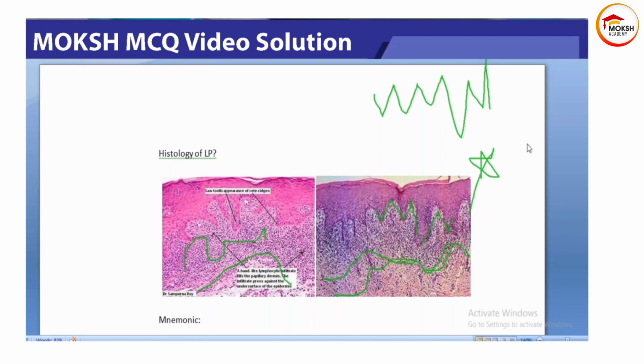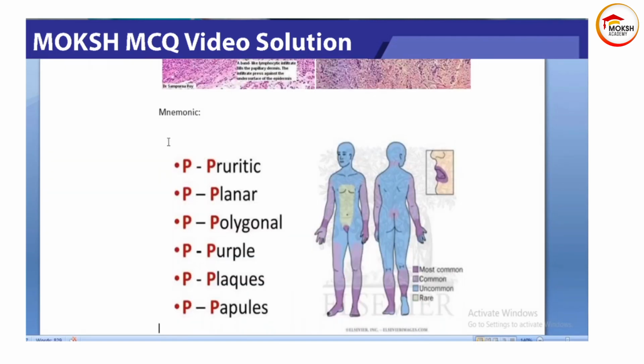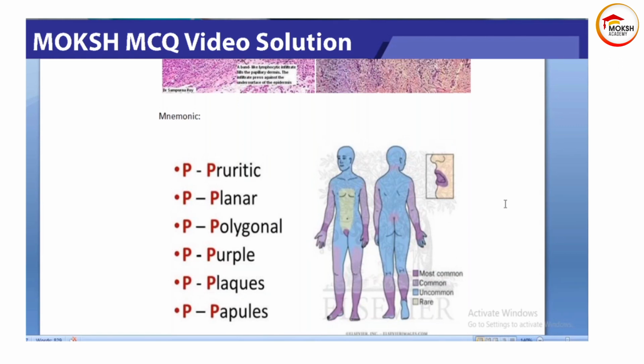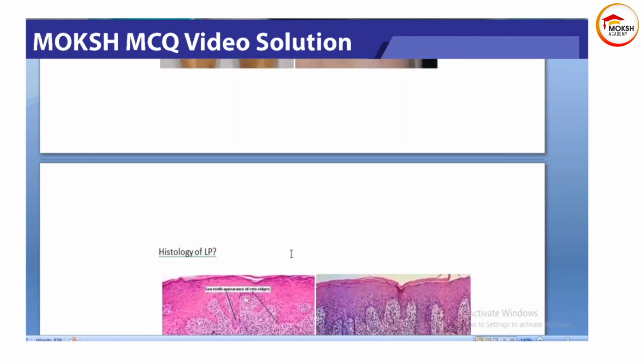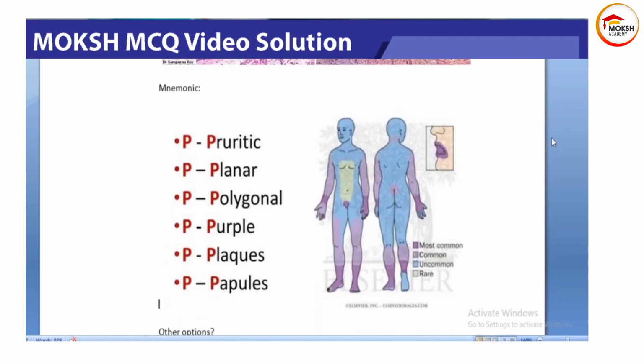Now, while studying, you might have heard of the mnemonic of the 6 P's. Lichen planus is first of all a plaque or papule. It is purplish in color, purple-pink. It is polygonal, which means it is usually shaped like a polygon.